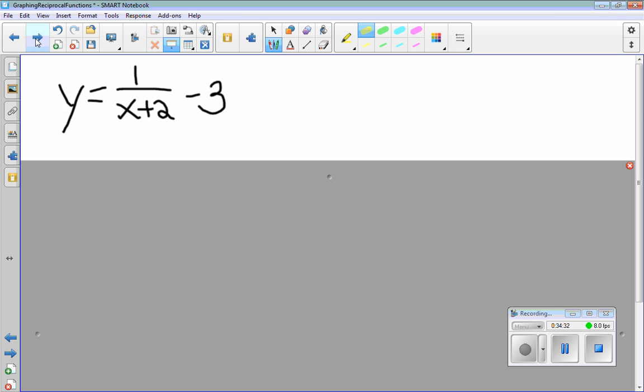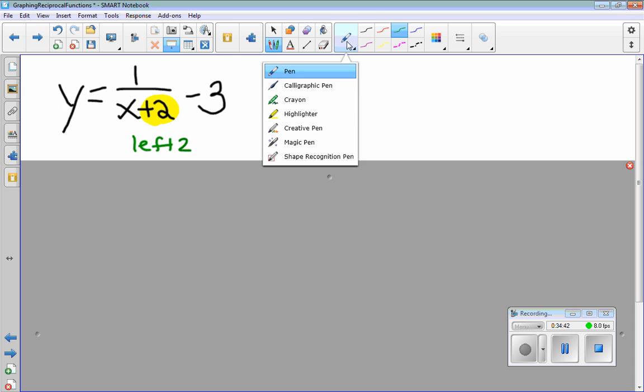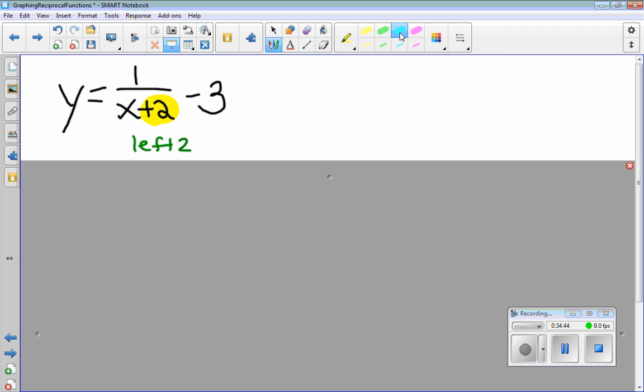Left 2. Very good. I know I'm going to go left 2. What about the negative 3? What is it going to tell me to do? No. Down 3. Left 2 and down 3 are where my asymptotes move.